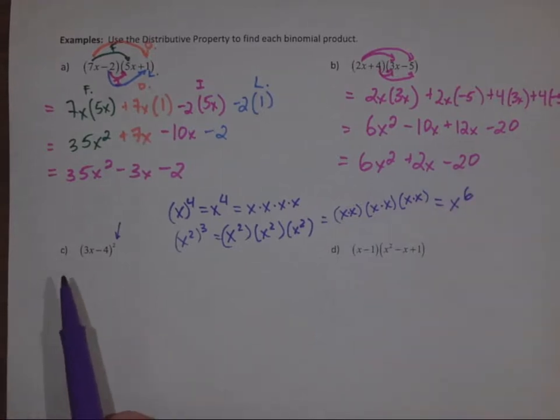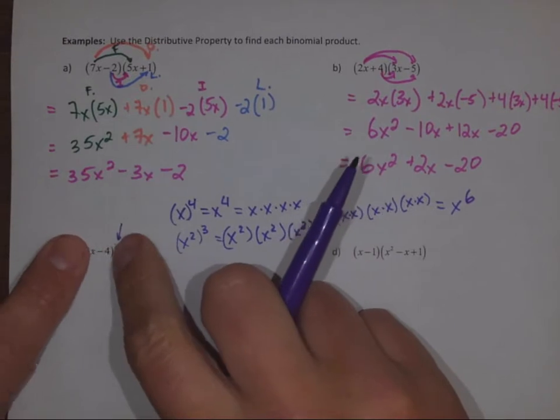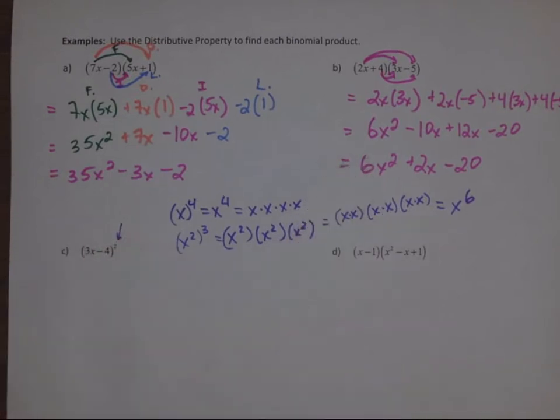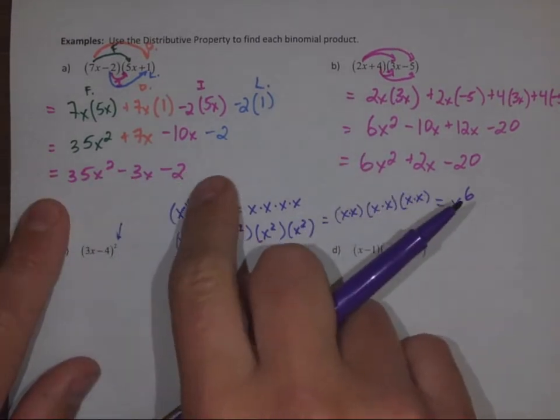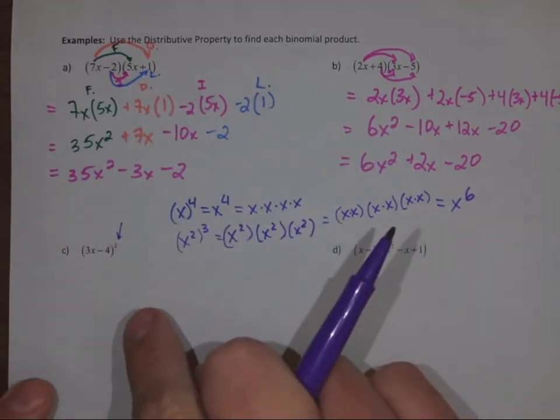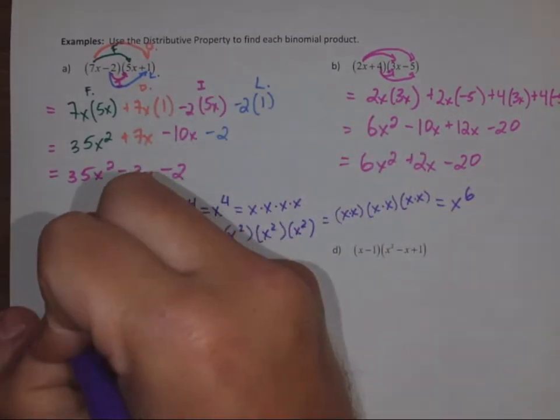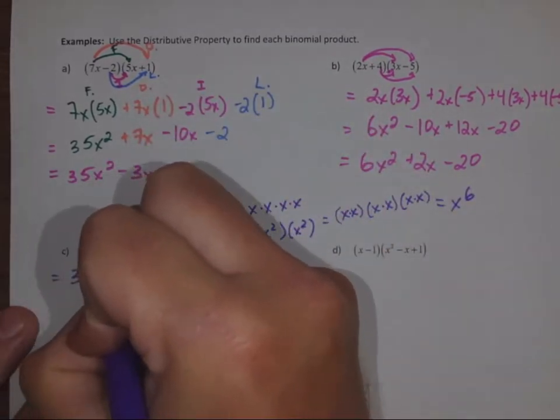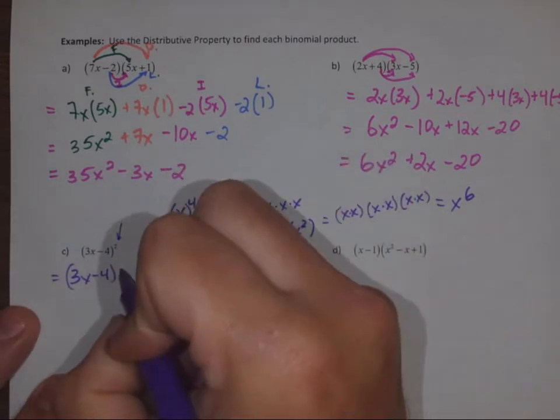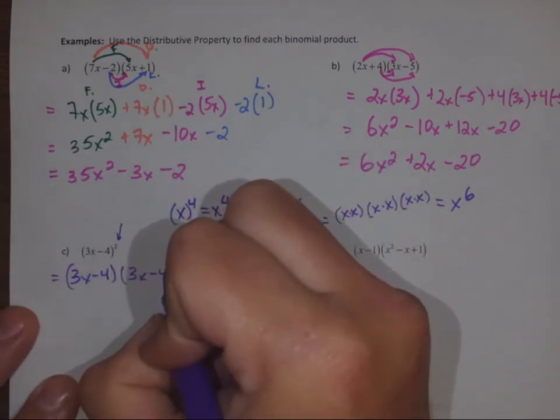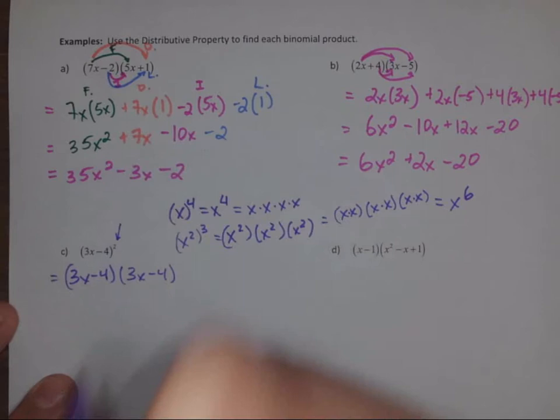So if I asked you to do that, you might square the first term and square the second one. But look, we have 3 terms. 2 things times 2 things. So really, remember that this means 3x minus 4, what's in the bracket, times itself twice. 1, 2.